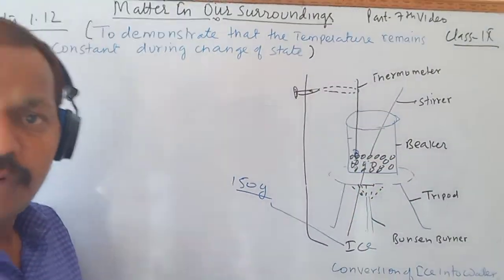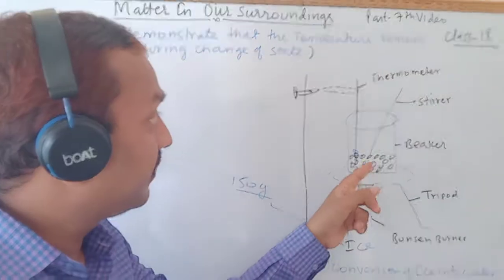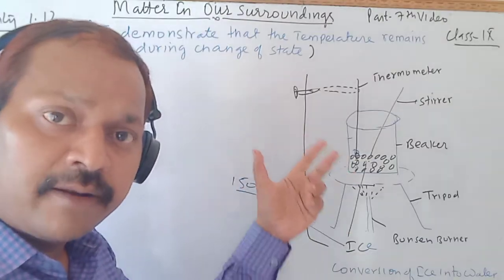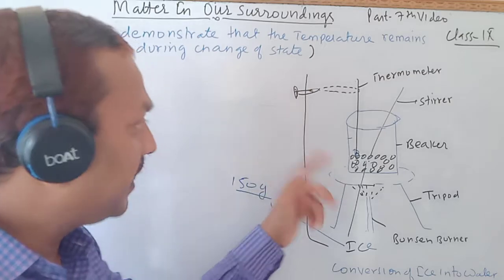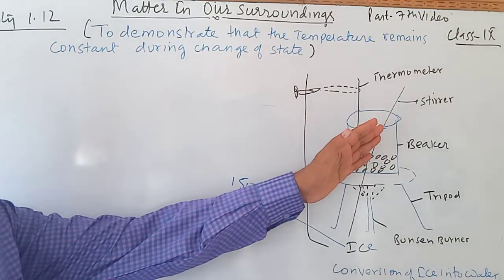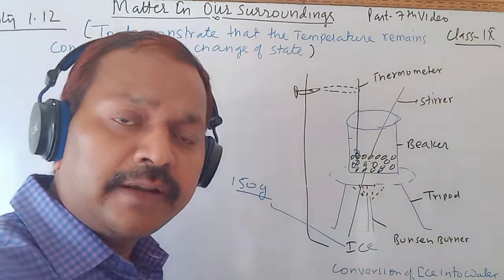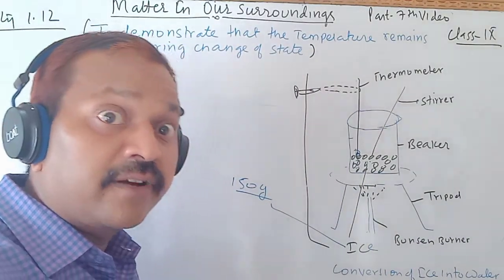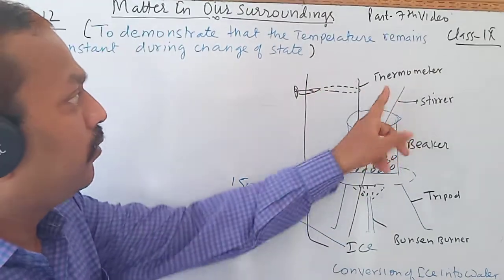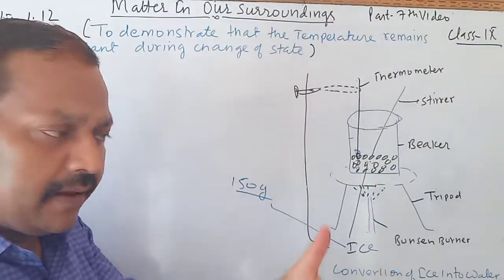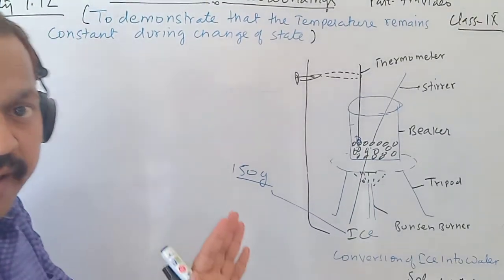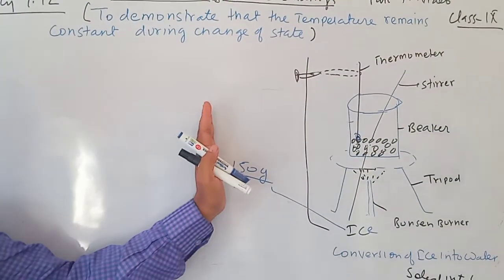Children, see this, also note the temperature when ice has converted into liquid. So in this experiment we will record two readings: one when ice starts melting, and then when the total ice is converted into liquid. So now we are going to start this.